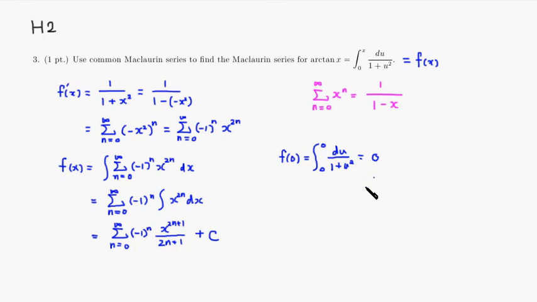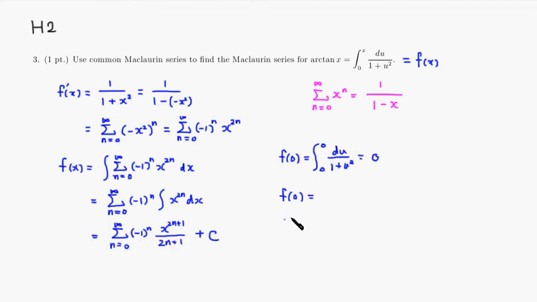So we can use this fact, or you can say arctangent of 0 is 0, same thing. Since n starts from 0, the smallest power would be x to the first power, so every single term in this series has x in it.